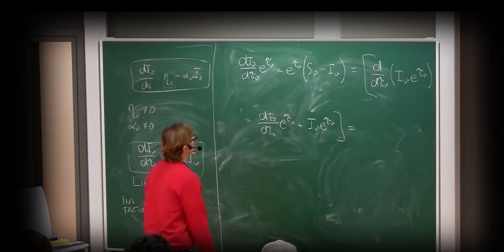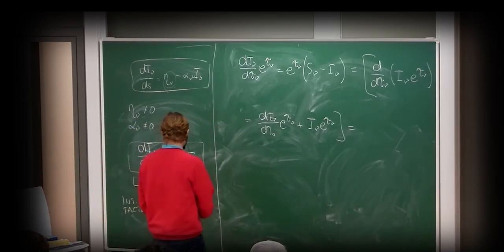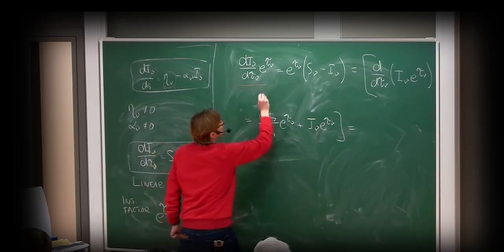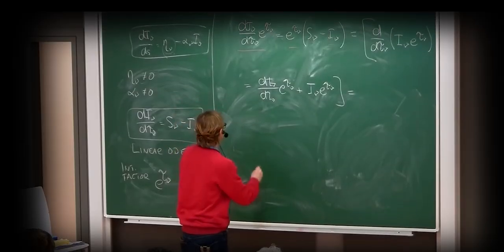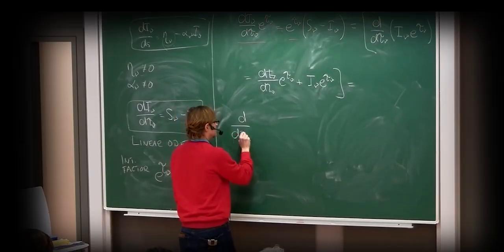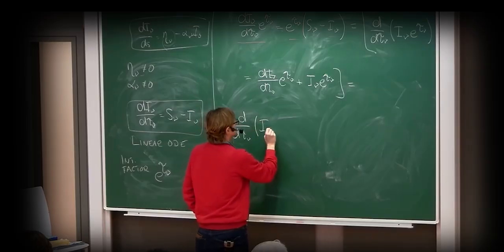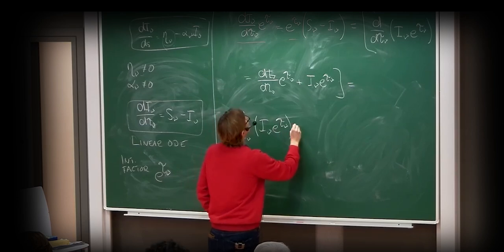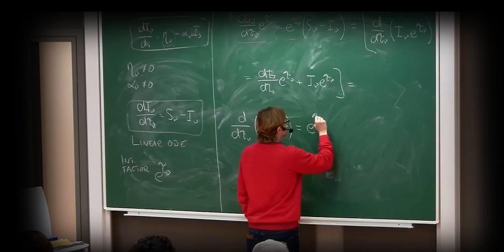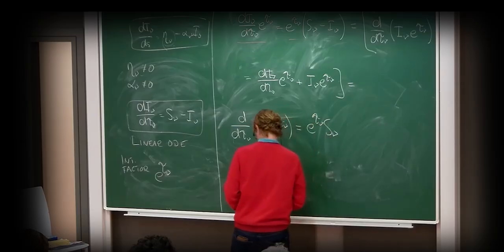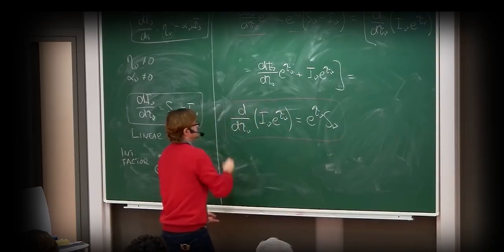And then we can do identification if we did our integrating factor correctly. Indeed, we can. We see this term. We see this term. So we can write this as d over d tau nu of I nu e to the tau nu equals e to the tau nu S nu. Okay? And now we can try to solve this.